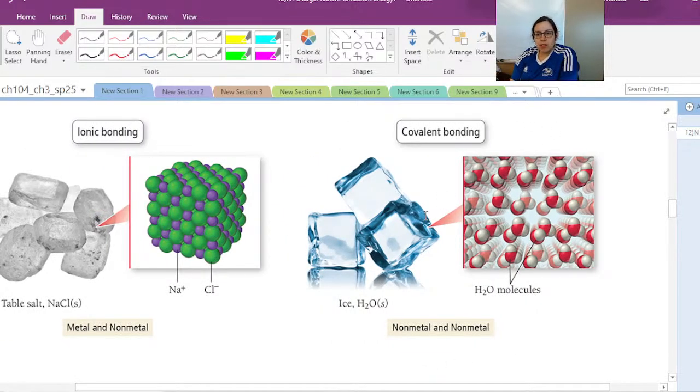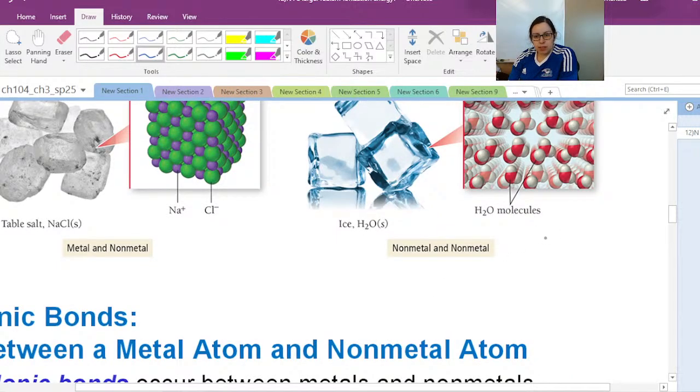And again, they're held together by sharing. I'll draw it now, but we don't want to get too into it right this moment. So again, oxygen donating 1 electron, hydrogen donating 1, they're sharing. But again, we'll look at that.